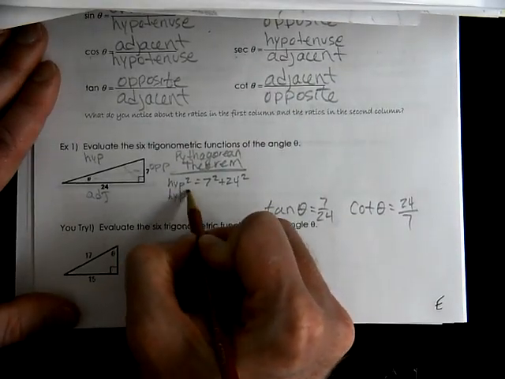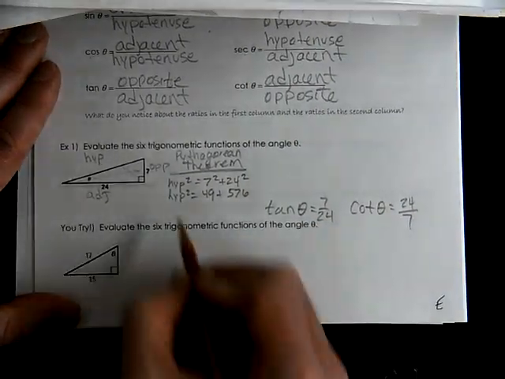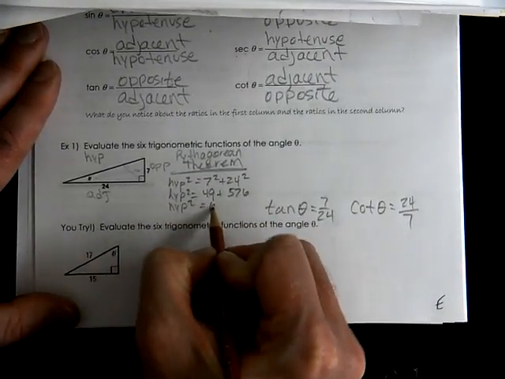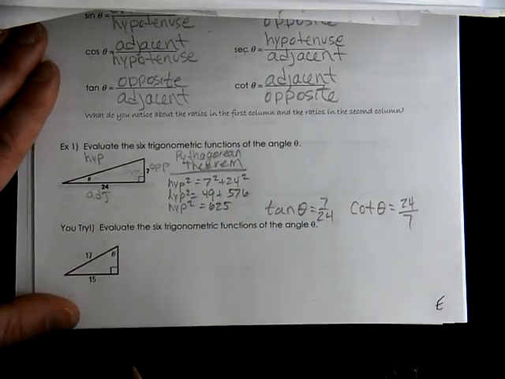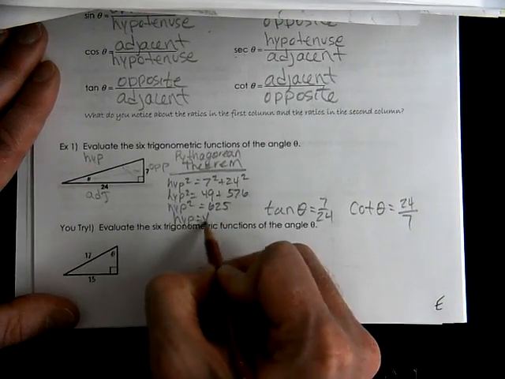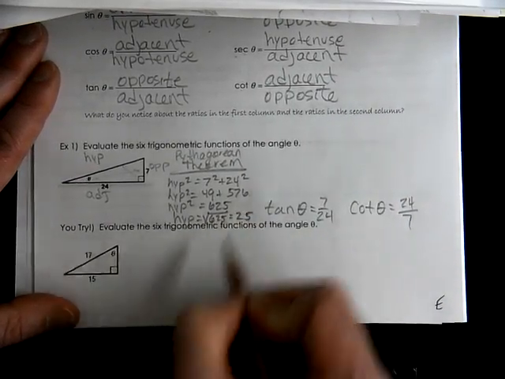The hypotenuse squared equals 49 plus 576. When you add the 576 and the 49 together, we get 625. So when you take the square root of 625, we get 25.